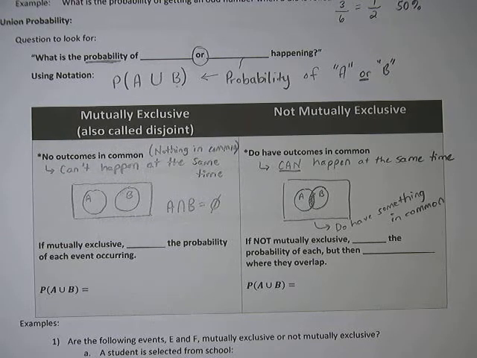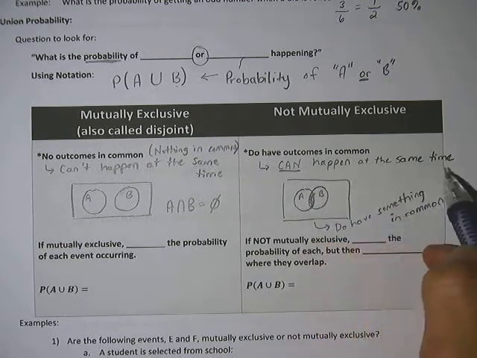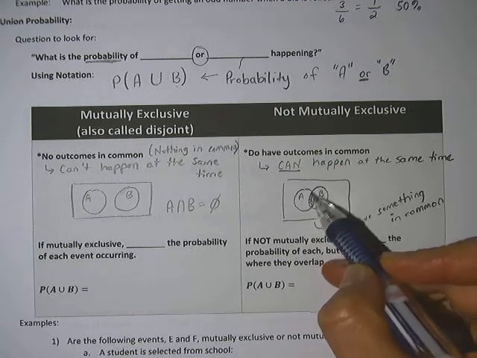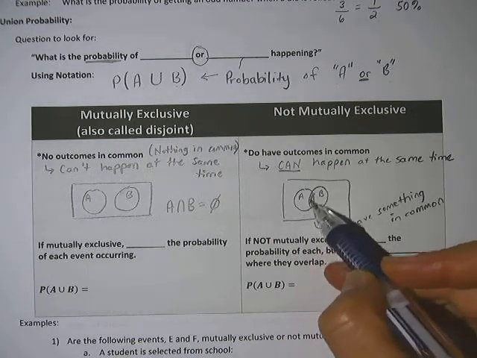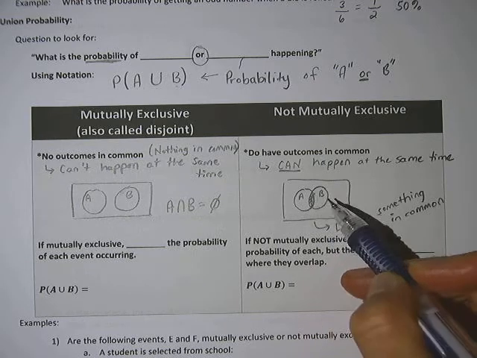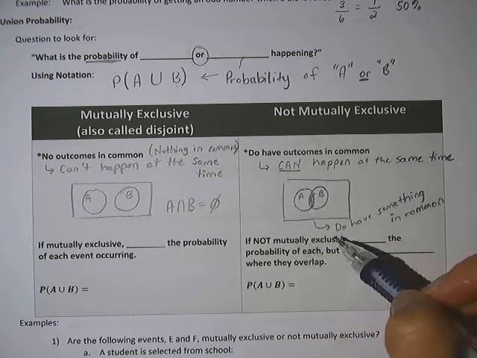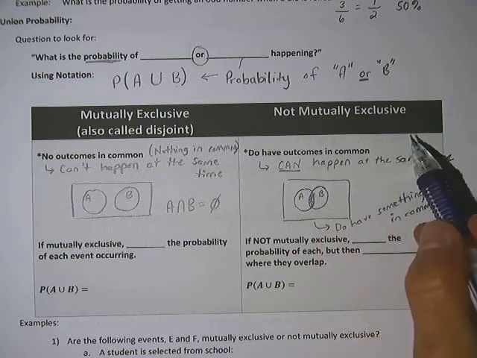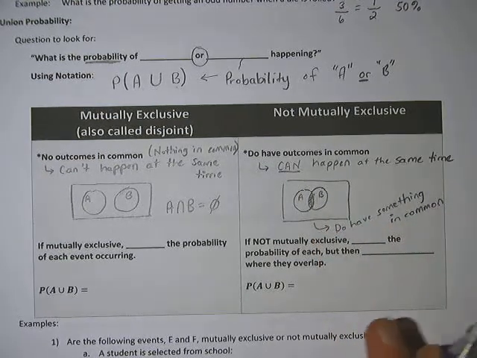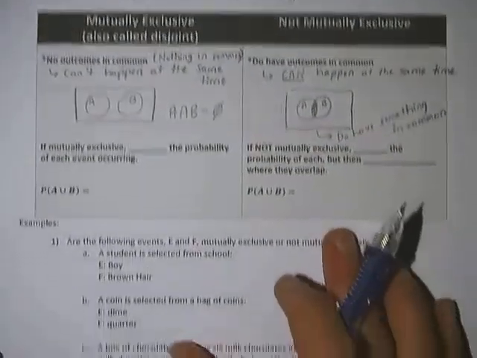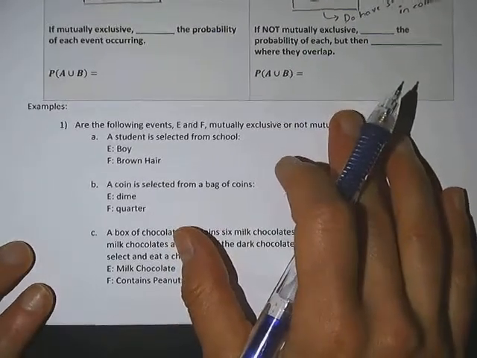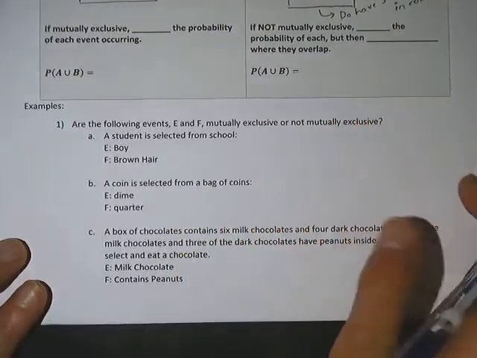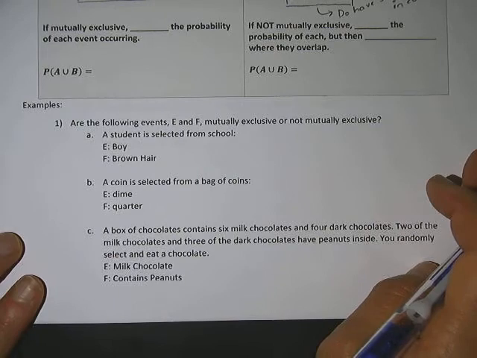So those two things can happen at the same time. And so there's the people that like music, there's the people that have brown hair, and there's some people that will be both. And so that would be two events that are not mutually exclusive. Okay, and so before talking about the actual probability side, we're going to go down here and we're going to practice some problems about telling whether things are mutually exclusive or not.